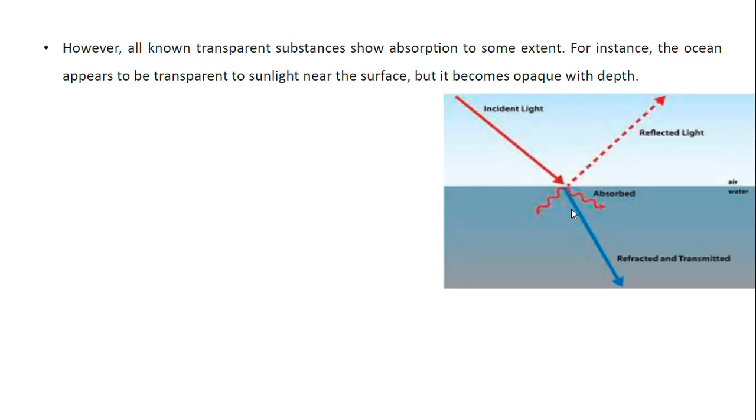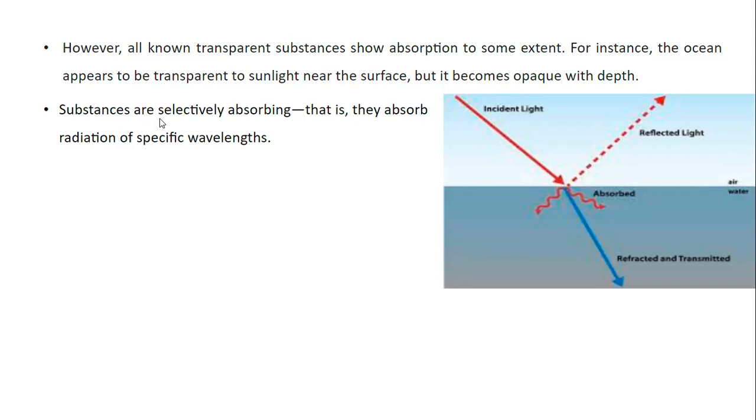But with an increase in depth, as you go deeper, the light is more and more absorbed by each and every layer. So till the bottom of the ocean, the light is going to be absorbed the most, and hence it appears opaque or dark in the depth.